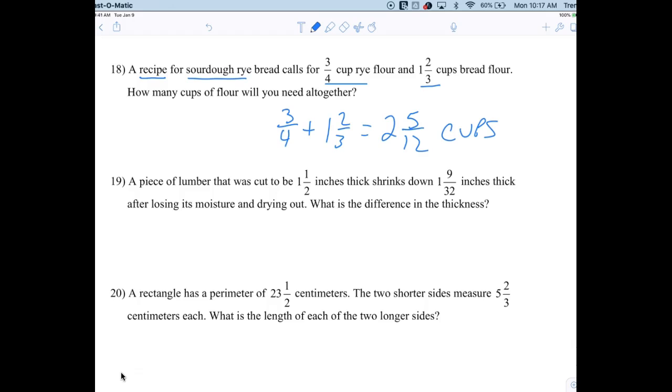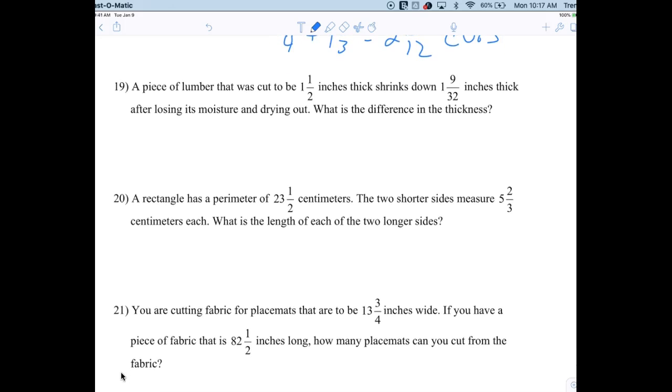All right, Brooke, you're up. Read me 19. Does everybody understand that? That's what happens to wood. Your wood is constantly expanding and contracting. That's why sometimes you hear noise in your house, right?